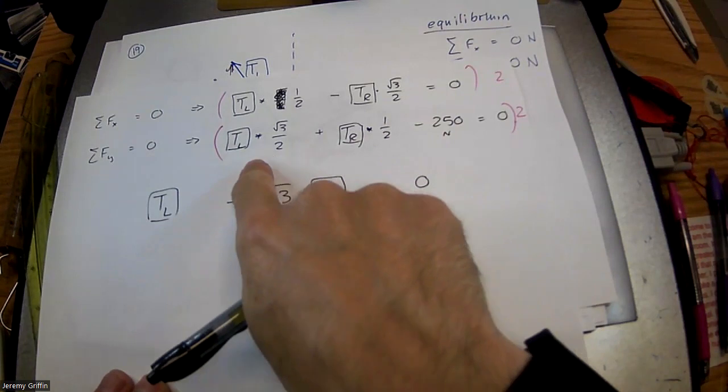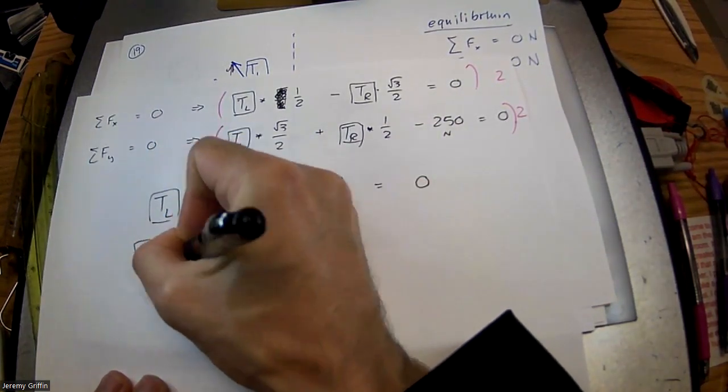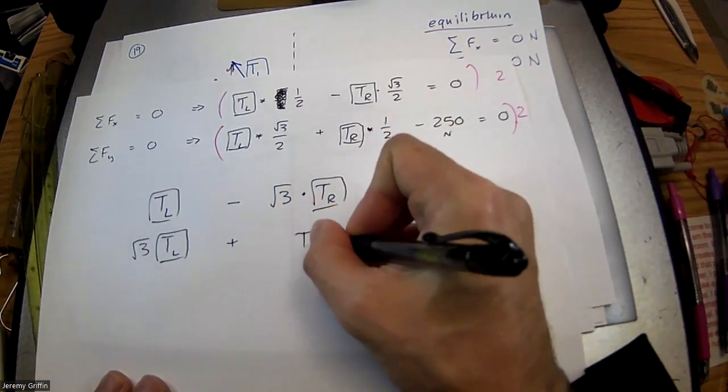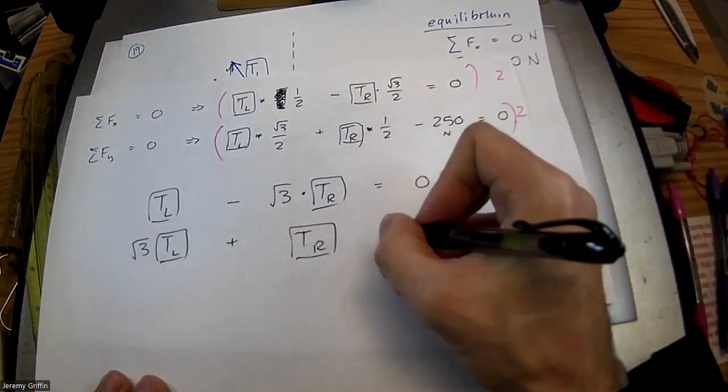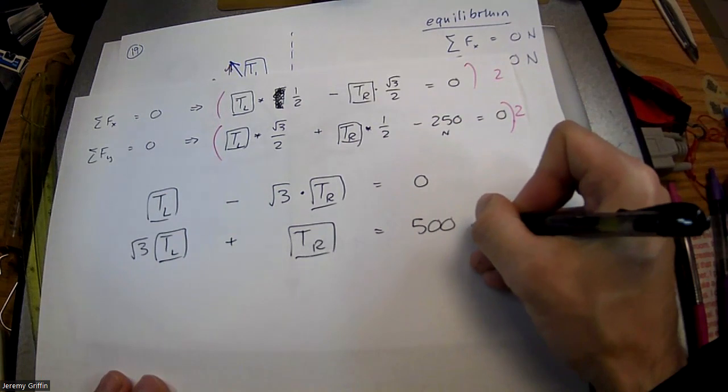And also root 3 times tension on the left side plus tension on the right side equals, if I multiply the 250 by 2 as well, 500.